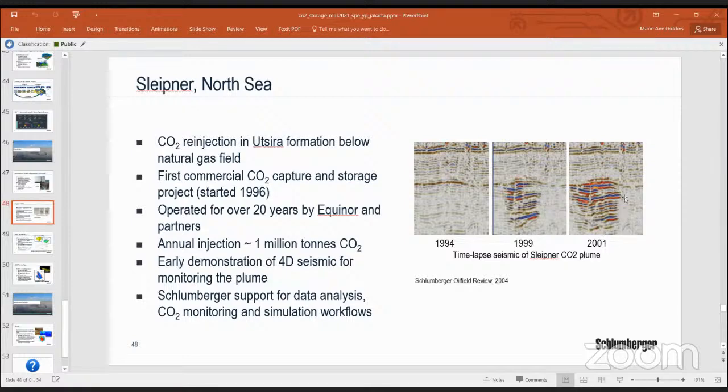And then by 2001, the CO2 plume was getting bigger, and you could see more clearly. You got a stronger signal because there was more CO2 in the reservoir. So this has been an early success, which is actually leading the way for other CO2 storage. And Schlumberger has been very much involved in the Sleipner project at various stages.